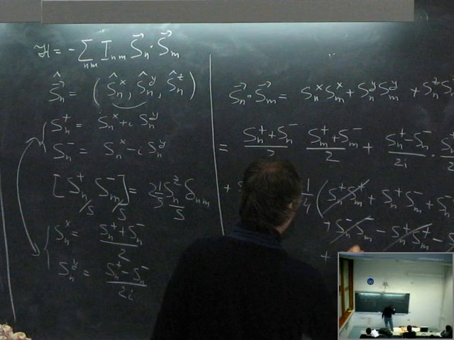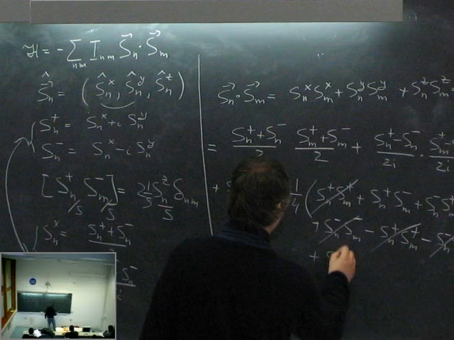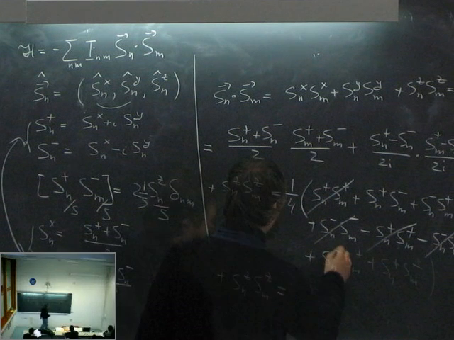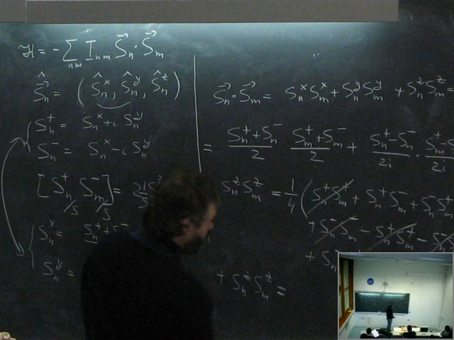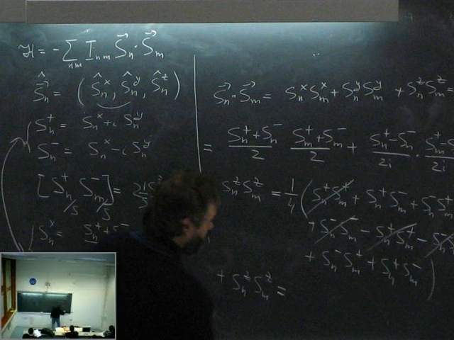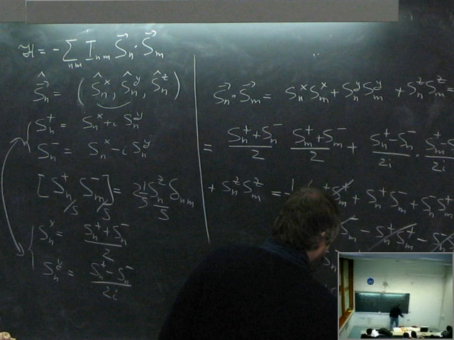And of course plus S_n^z S_m^z. So in total, I double my terms with a plus and minus, and I have 1/2 (S_n^+ S_m^- plus S_n^- S_m^+) plus S_n^z S_m^z.